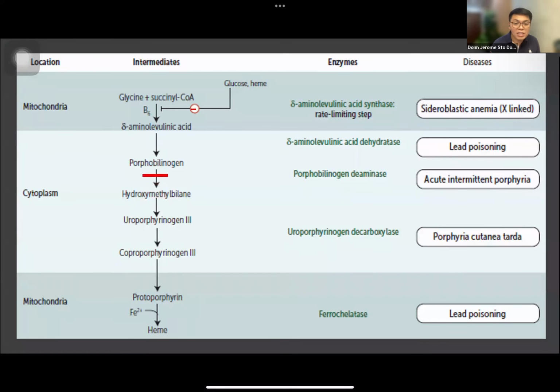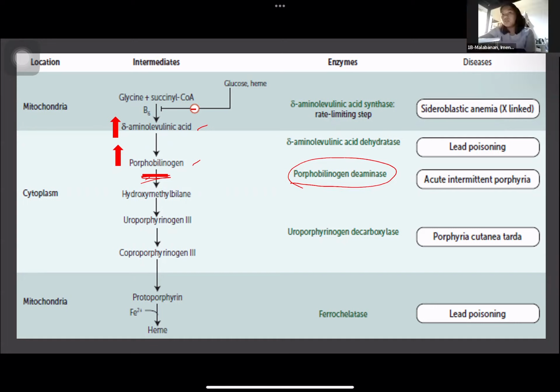For example, you have a patient with acute intermittent porphyria. What's the problem in acute intermittent porphyria? Porphobilinogen deaminase, so you have a block in the pathway. Yes. So in acute intermittent porphyria, you have elevation of ALA and PBG. Again, what's the manifestation? Neurovisceral. Okay.